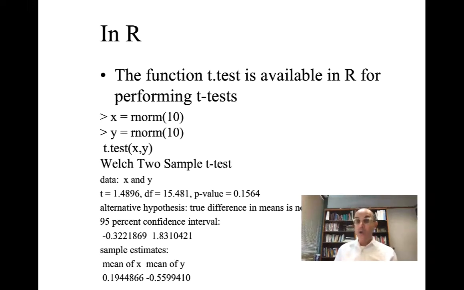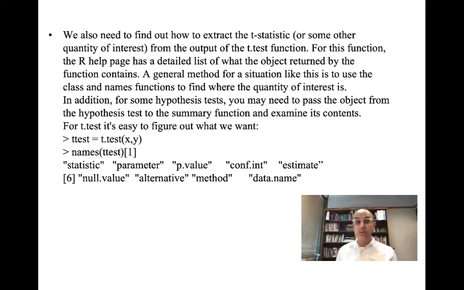In addition, it will tell us whether the alternative hypothesis is true or false, and it will give us the percent confidence interval, which is between two numbers, minus and plus, or plus and plus, depending. And it will give us the sample estimates with that regard.